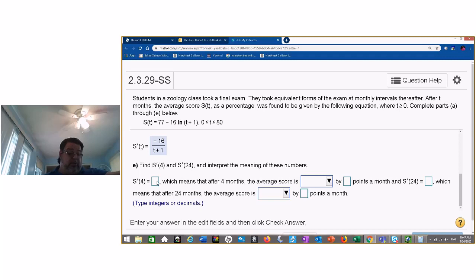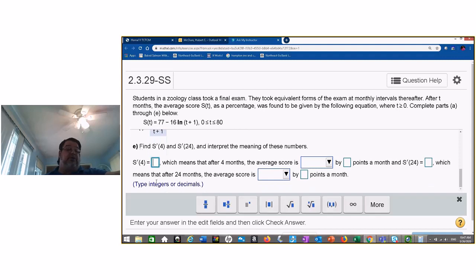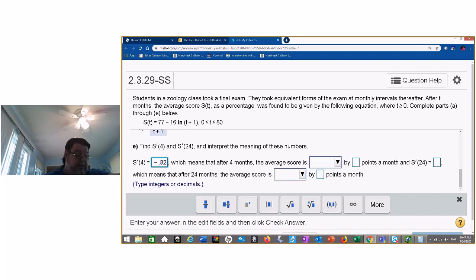And then the other one, when you plug 24 in, that's going to give you negative 0.32, I think, if I read my own writing. It's either 3.2 or 0.32. And that means that the average score is decreasing by 0.32.